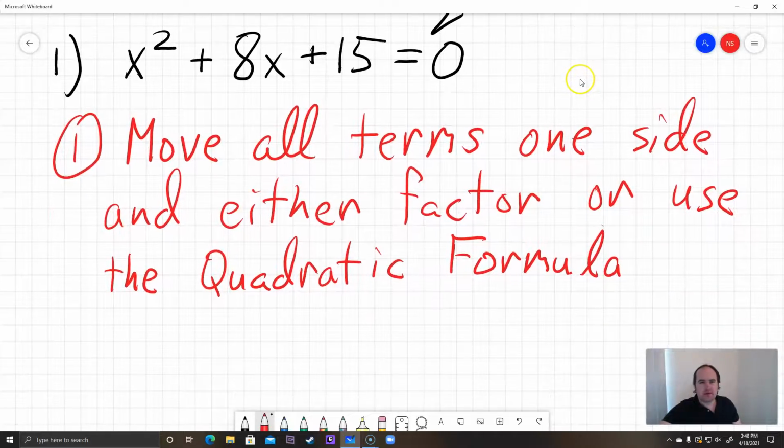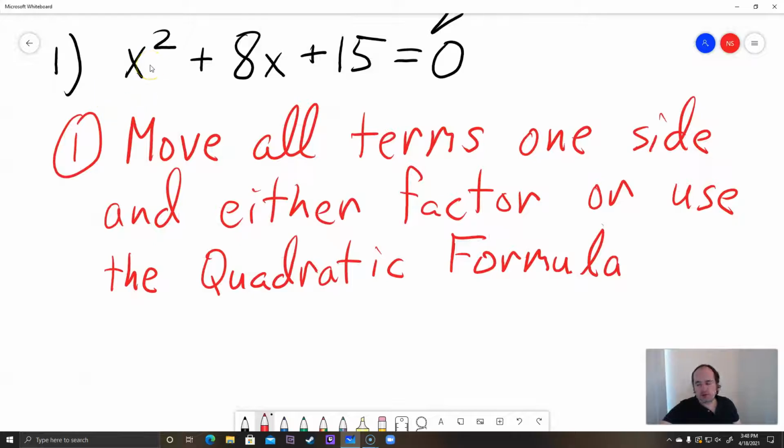To factor it, as long as your highest powers are written first, you can use the X method or the AC method. We factor the left side. On the top we have 15, and on the bottom we have 8. We want two numbers that multiply to positive 15 but add to positive 8.